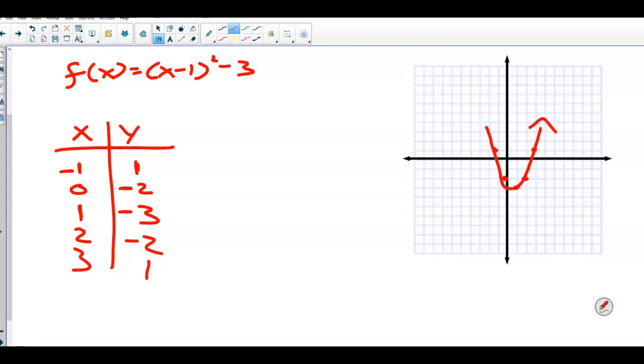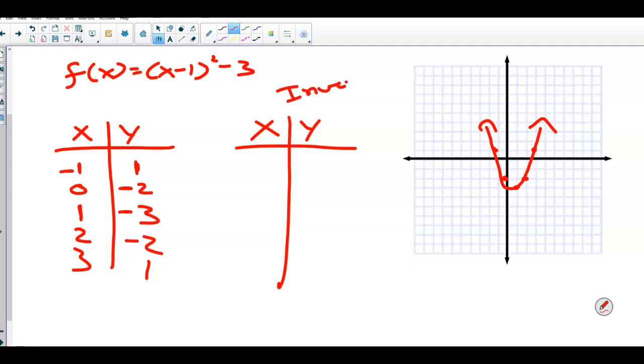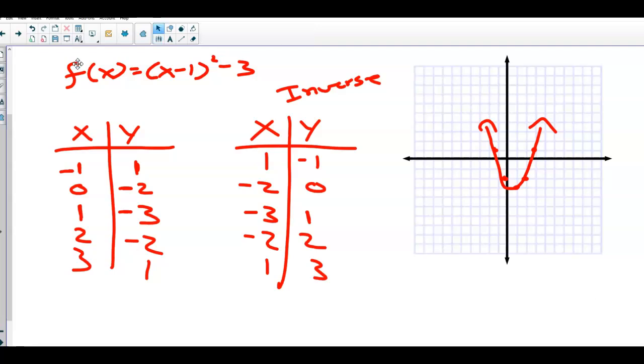And that's the graph. When I do my inverse, you're simply just doing this. Negative 3, 1. Negative 2, 0. 1, negative 1. On the bottom, negative 2, 2. 1, 3. And we're plotting those points. Negative 3, 1.